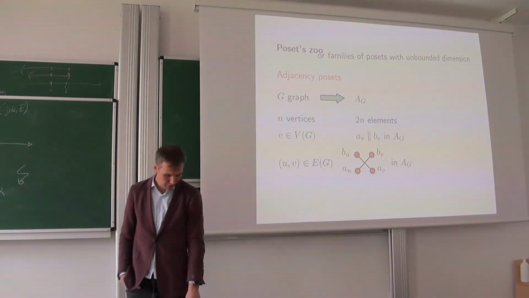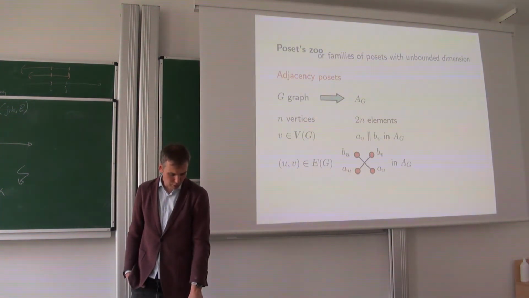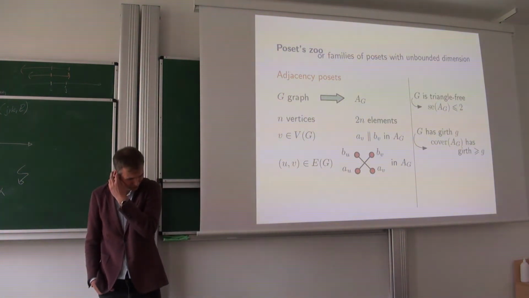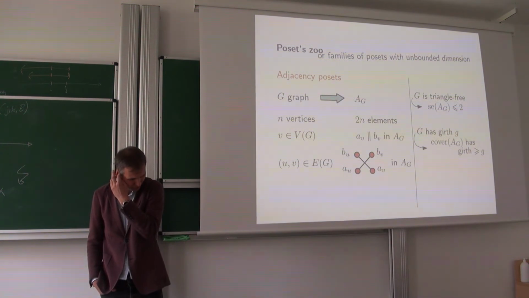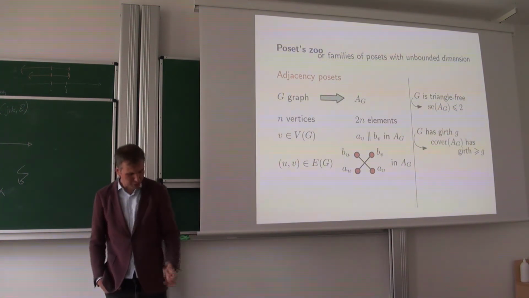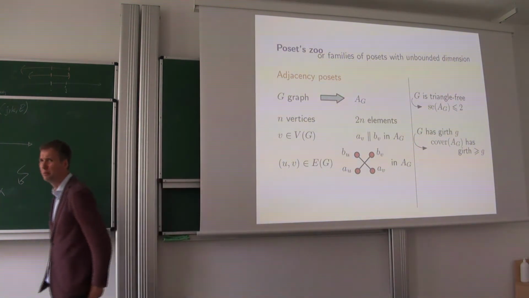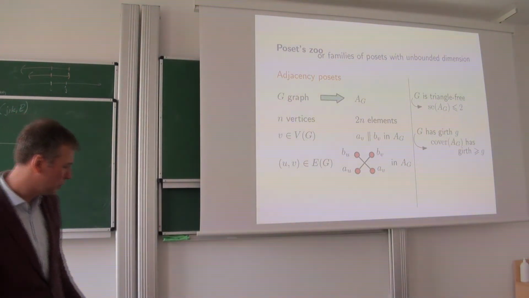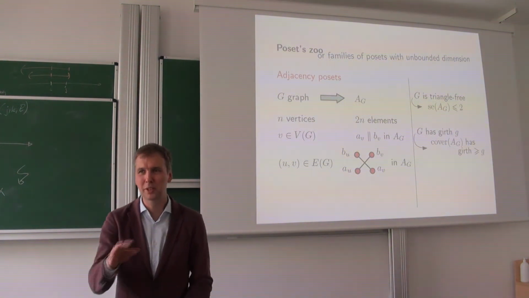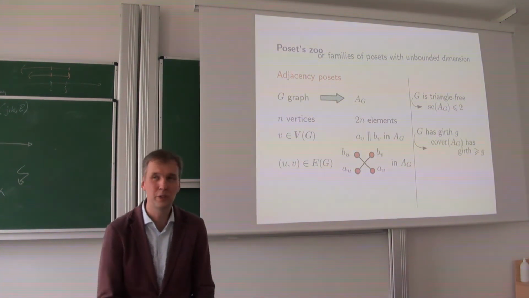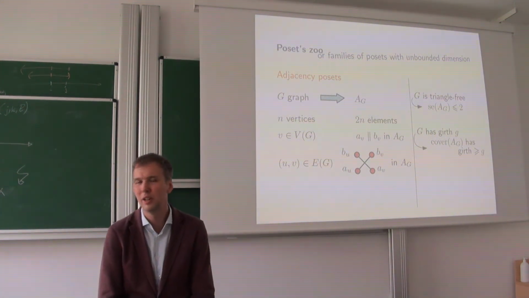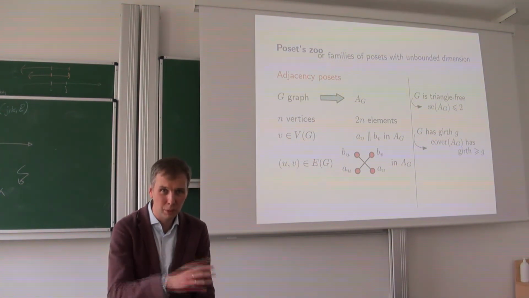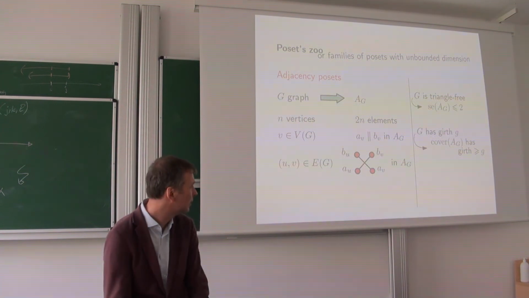Now, what could we observe here? Well, one thing to observe is that this is a very brutal method: given a complex situation on the graph side, like a triangle-free graph with a large chromatic number, it will give us a complex thing on the poset side.